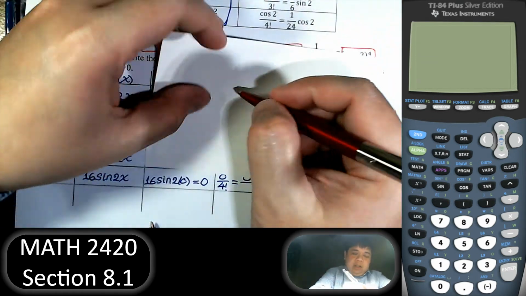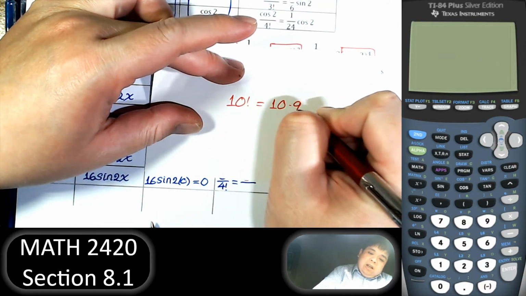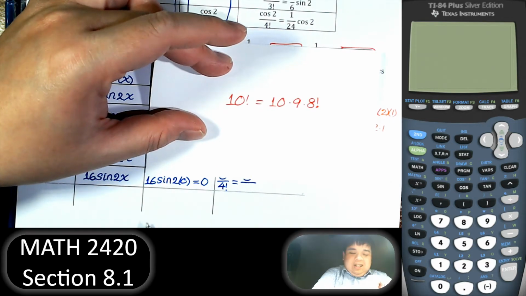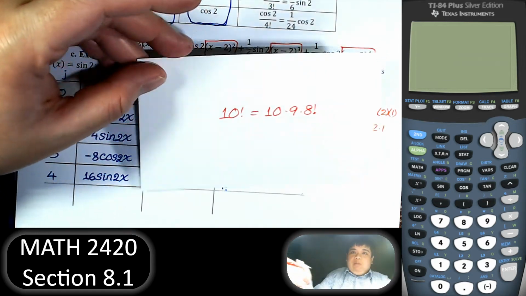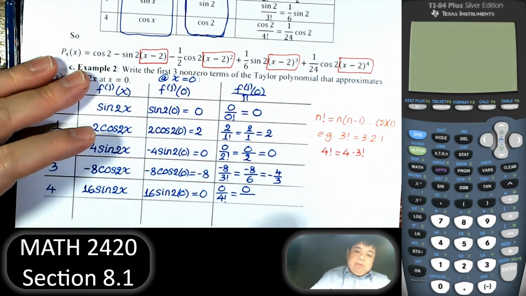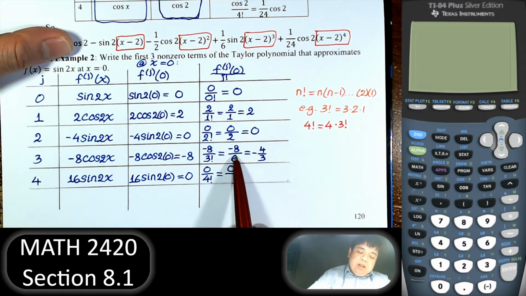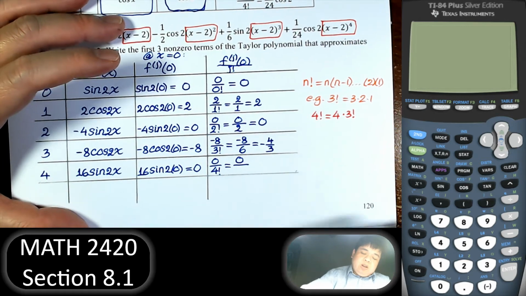For example, if they ask what 10 factorial is, we can say 10, 9, and if we want to stop, we can just stop there, and of course 8, meaning we go 8, 7, 6, 5, all the way back to 1. So we just take this factorial, multiply by 4. So 6 times 4 is 24.